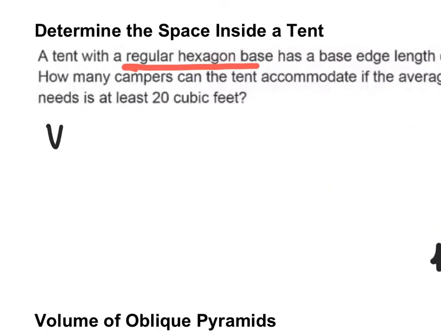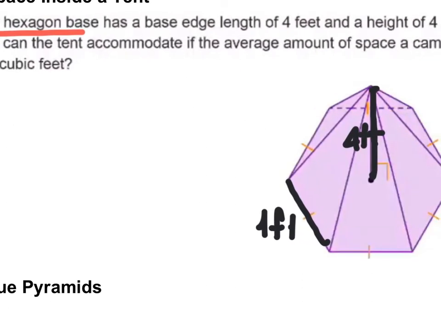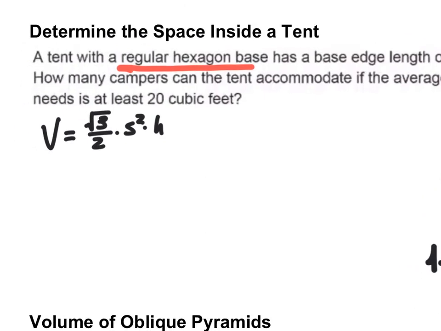Now, the formula for the volume of a regular hexagonal prism is the square root of 3 over 2 times s squared times the height. Now our side length that we figured out was 4, right here, and our height is 4. So if S is equal to 4 and our height is equal to 4, let's plug those numbers in.